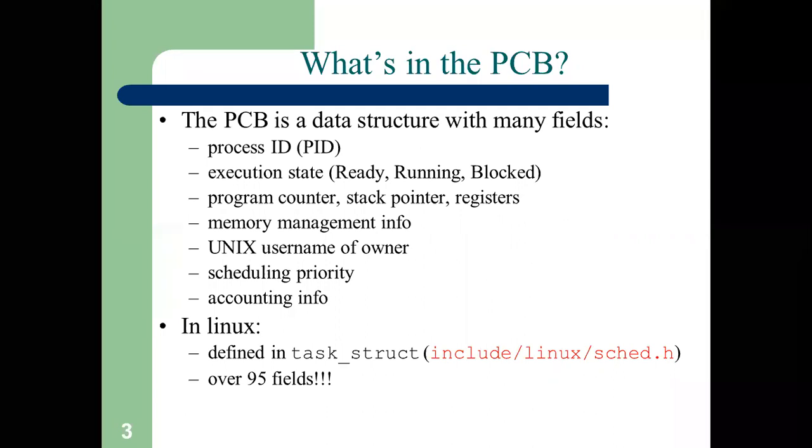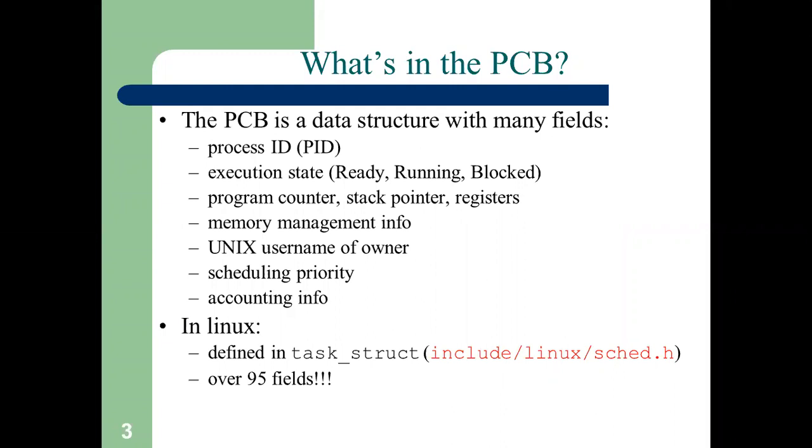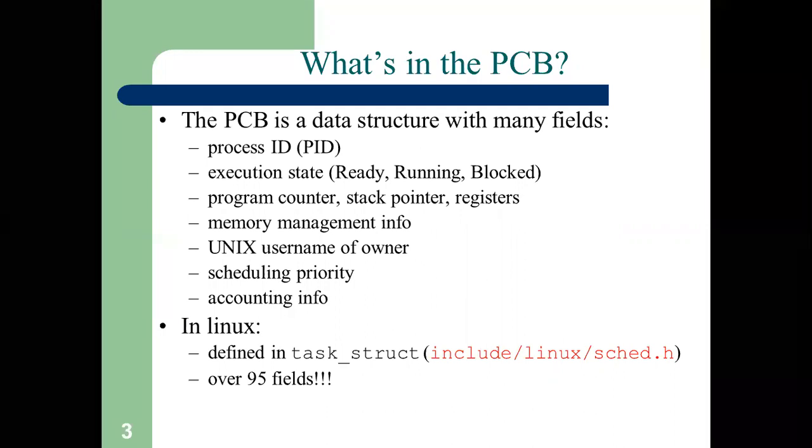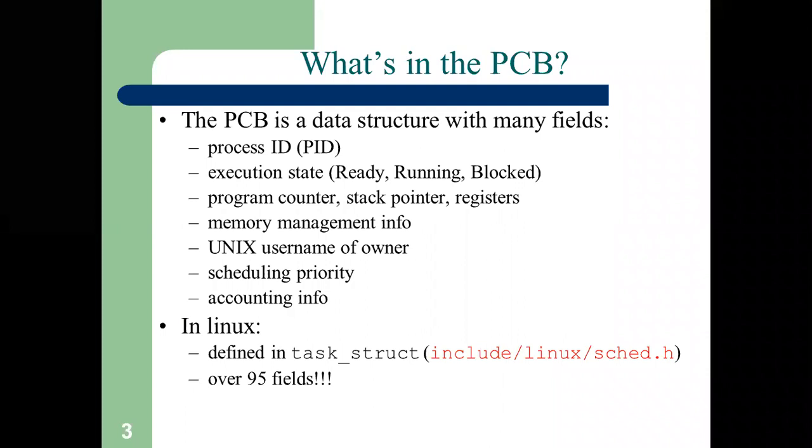Next, the memory management info is another field of the PCB. That is the memory management information. It includes information about the memory, how we are going to store our process, and what the address of that particular place is in the whole memory.